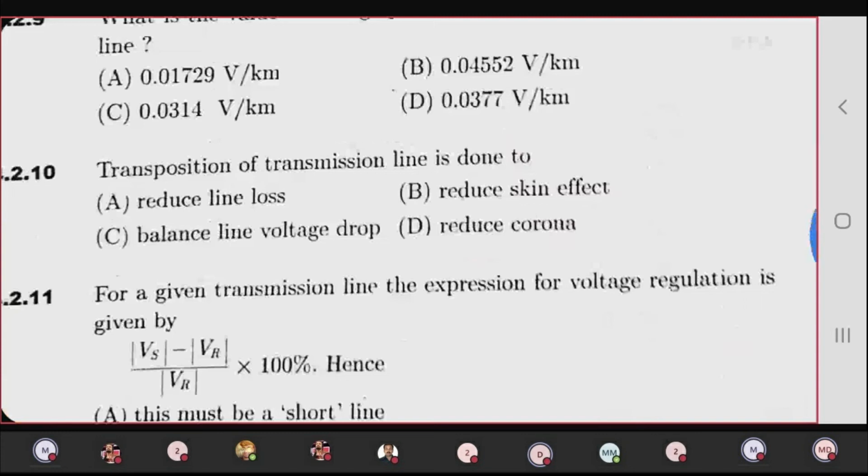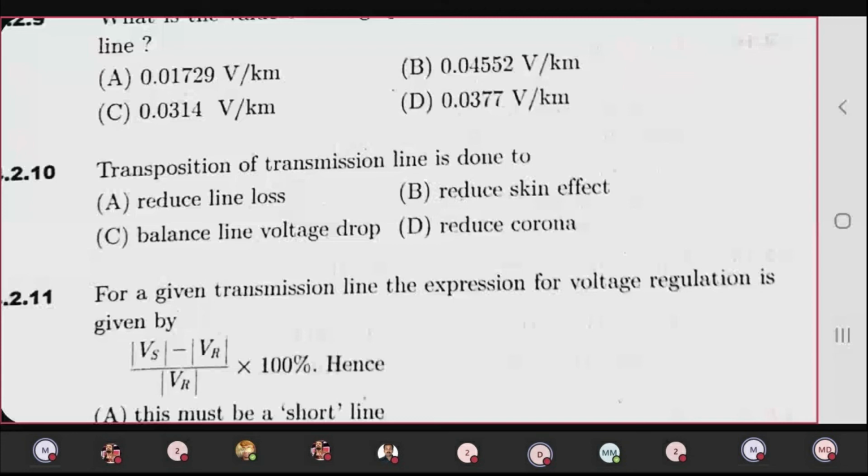Usually in a 3-phase transmission line, unsymmetrical spacing causes unequal flux linkages, and so the inductance of each phase is different, resulting in unbalanced receiving end voltages. Even though sending end voltages and line currents are balanced, you have this problem.